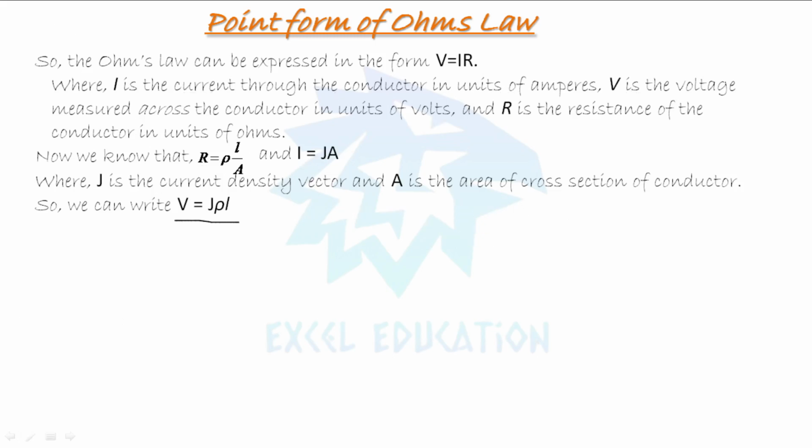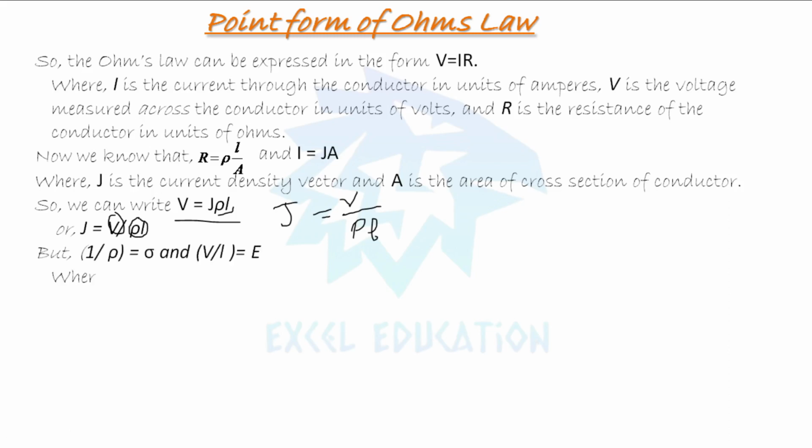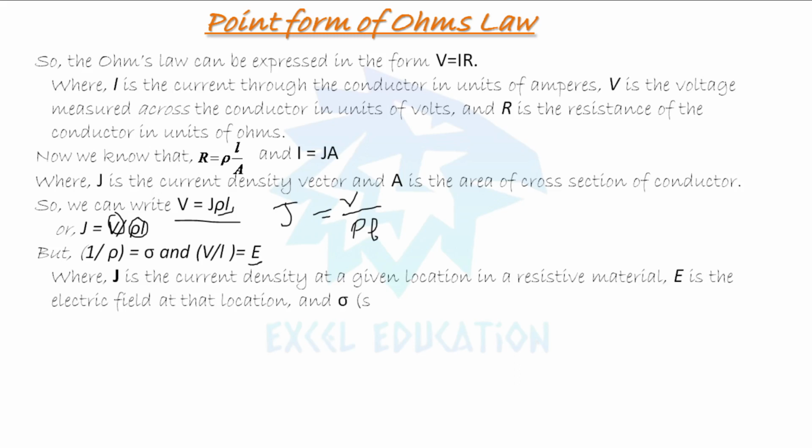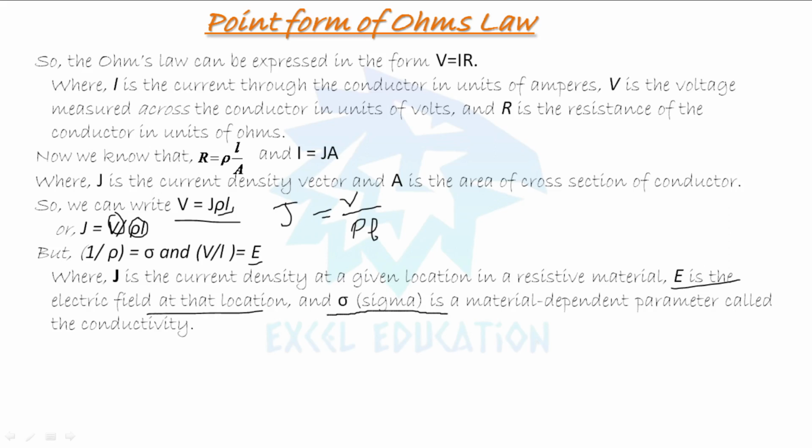So V is equal to J rho L, or J equals V by rho L. But 1 by rho, we know, is equal to sigma, and V by L equals E. E is the electric field at that location, and sigma is a material-dependent parameter called the conductivity.